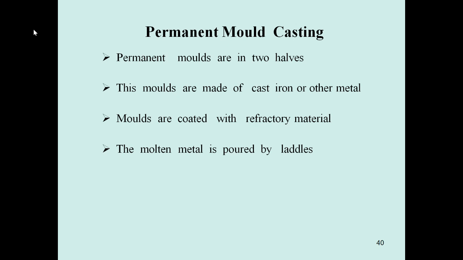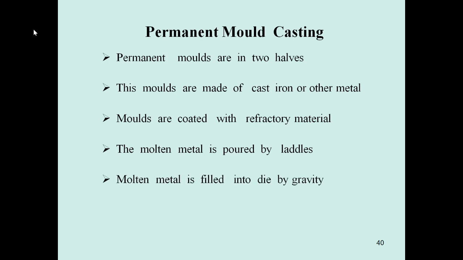Permanent molds are made in two halves. The molds are coated with refractory materials and are closed. Next, the molten metal is poured by ladles into the die cavities.